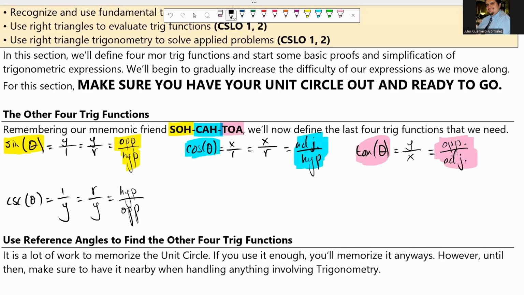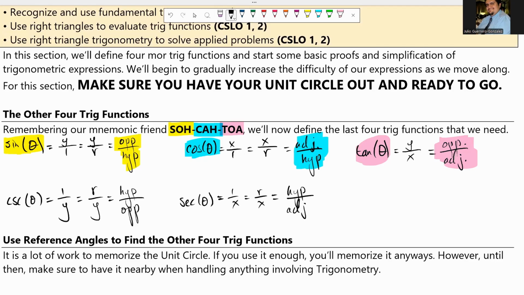Okay, next one. For cosine, the flip is called secant of theta. Same thing, everything's flipped. So it's going to be 1 over x, or r over x for a circle of radius r, and this is the hypotenuse over the adjacent.